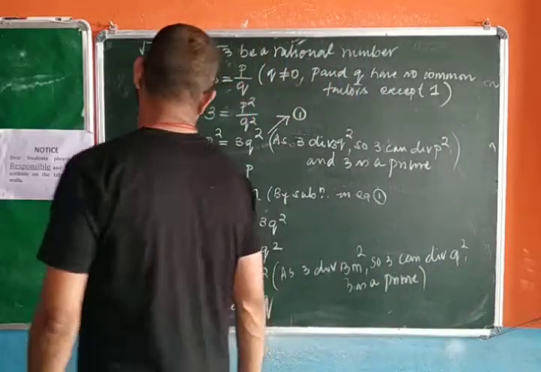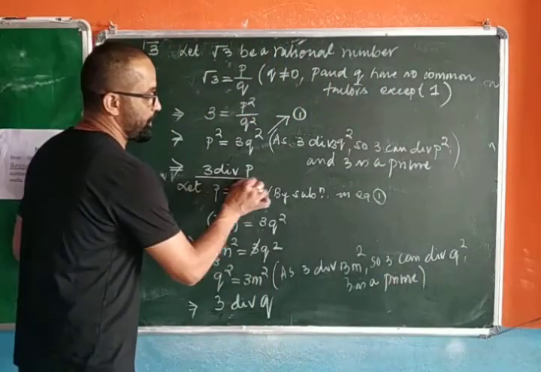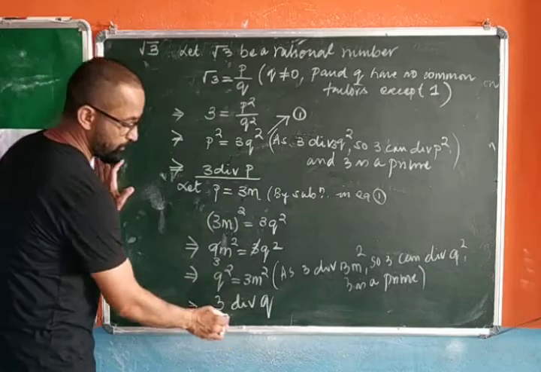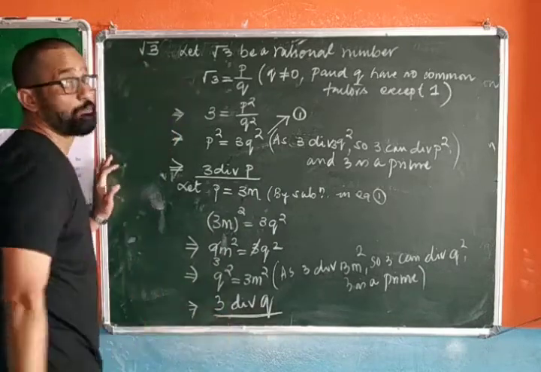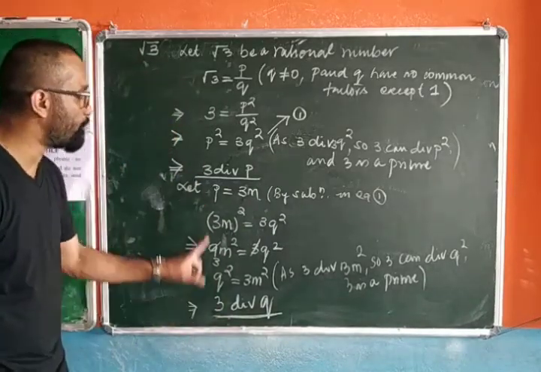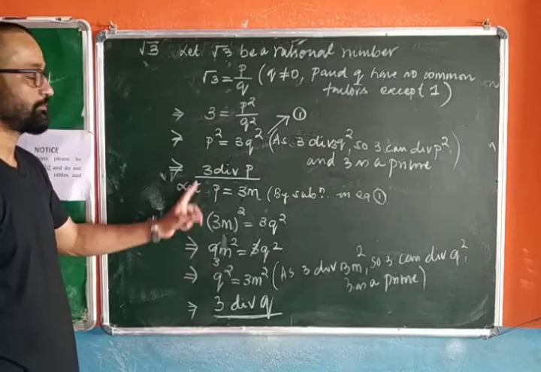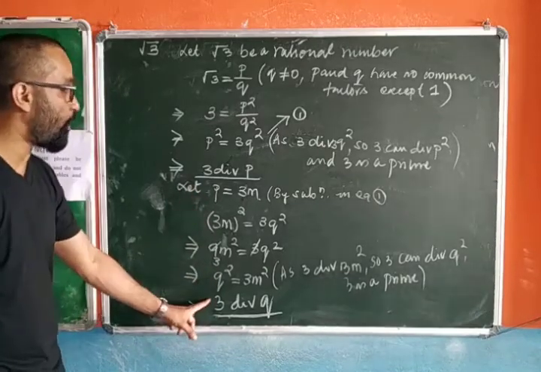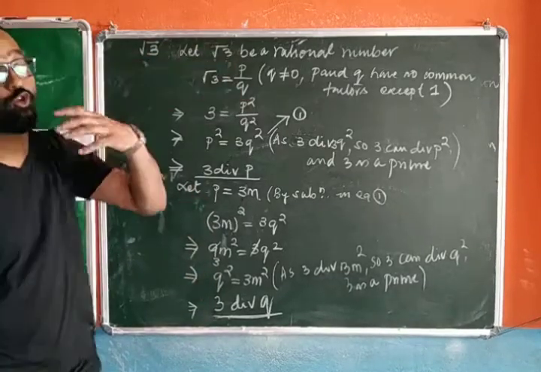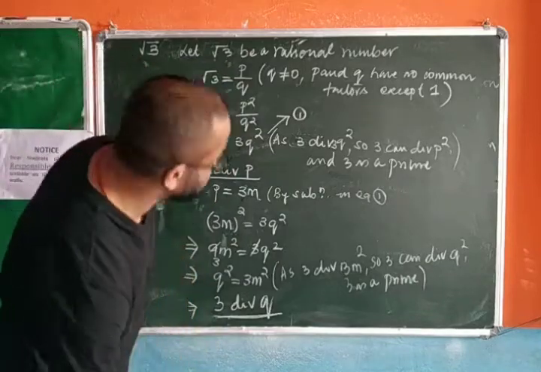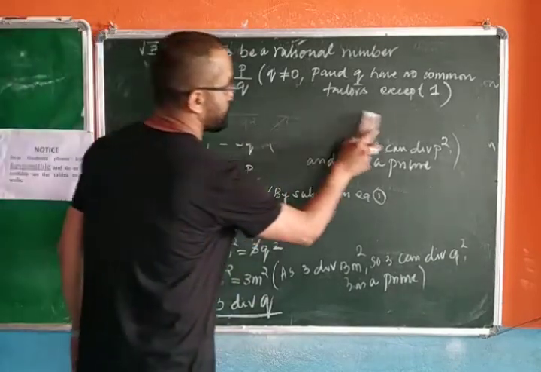Now look at this. We have 3 divides p, 3 divides q, which means we have a common factor. And since it is a common factor, root 3 is not a rational number.